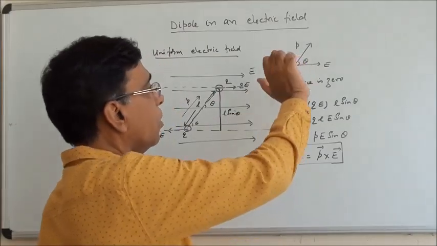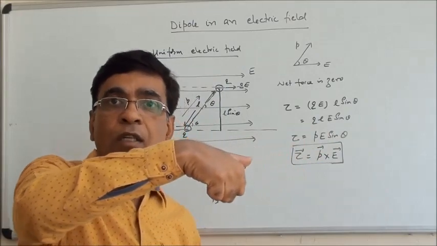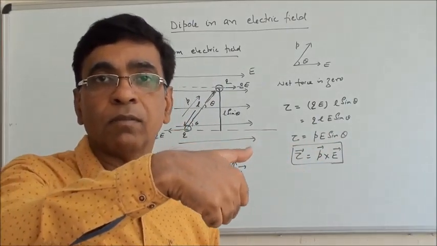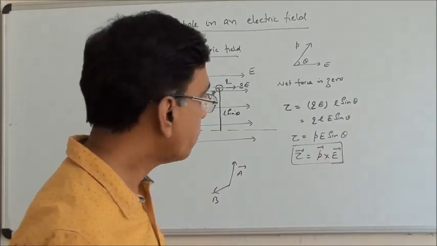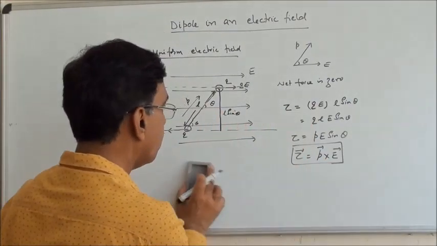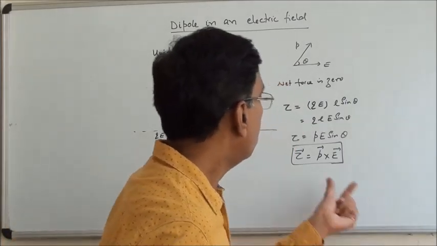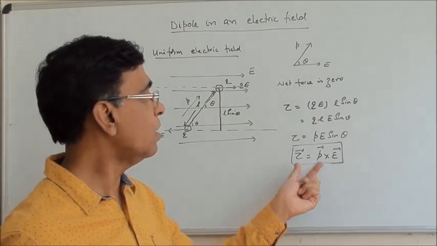In this case also, P cross E is in, and the direction in which our fingers turn actually tells us the direction in which the rotation takes place. Okay, so P cross E is the value of torque, or PE sine theta.